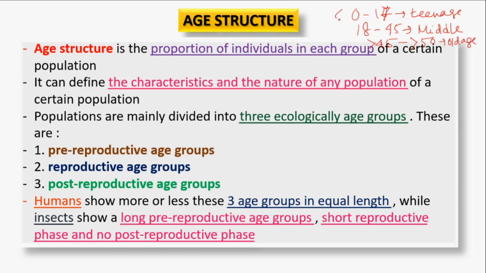So these are the three age groups in our human population.